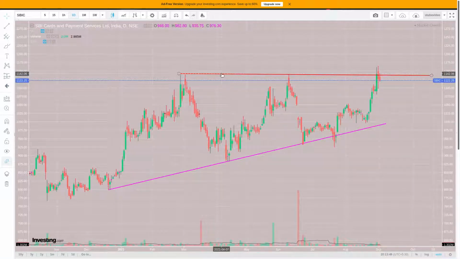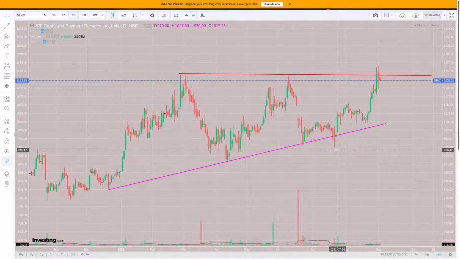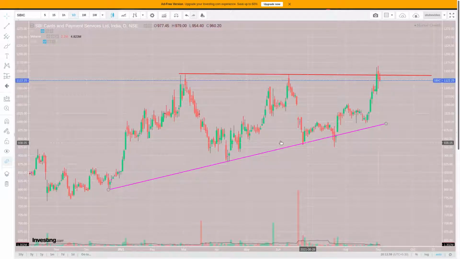This was actually the all-time high which SBI Card made, and we have already traded this, and I have already discussed my technical analysis on SBI Card multiple times in the past. For example, we were able to take this trade from 1000 levels, and we were able to predict that this is going for a new all-time high, and that's what it did in just a couple of sessions. So going forward, let's see what comes out of it.